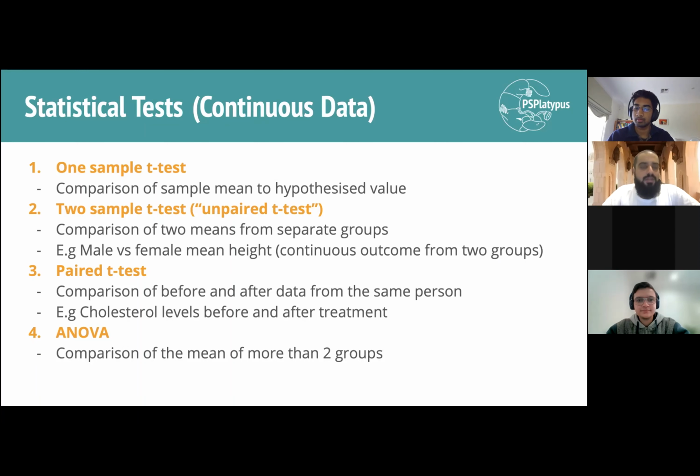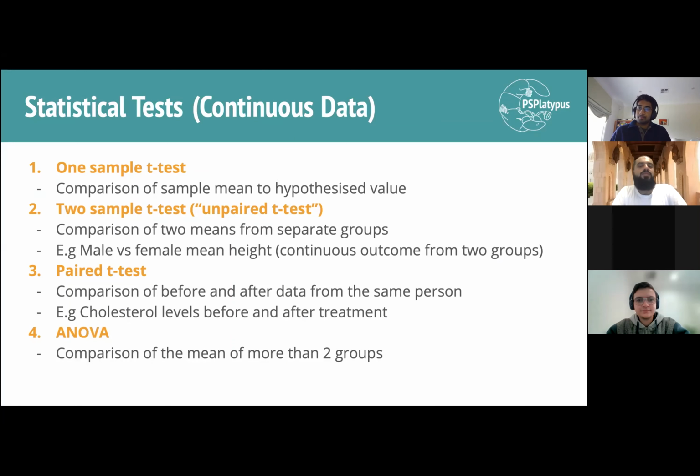So we have one sample t-test, where we compare the sample mean to the hypothesized value. Two sample t-test, or unpaired t-test, we will compare two means from separate groups. So we have two samples and two means, and we make comparison between them.